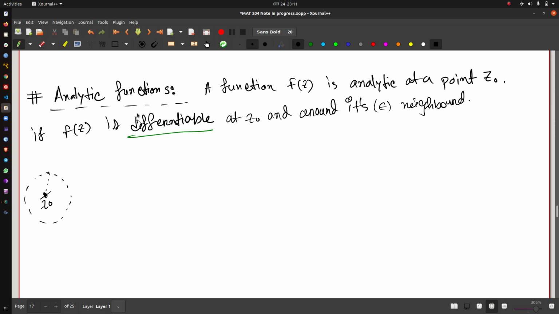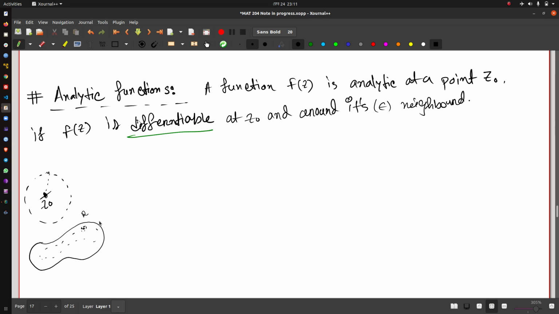And if your function f of z is analytic at every point in a region, let's say this is our region, and you have a function that is analytic at each and every point. But what do we mean by each and every point? That means at every point and its small neighborhood, the function itself is differentiable.